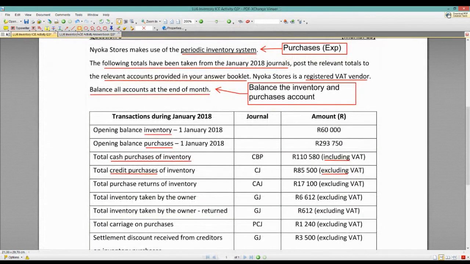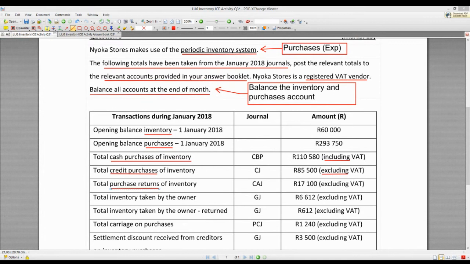Then if we go to the next one, we've got total purchases returned. Okay, so purchase returns. Now, the question here is: is the purchase return the same account as purchases? When we recapped this, we said that purchases and all the different other accounts have separate accounts.